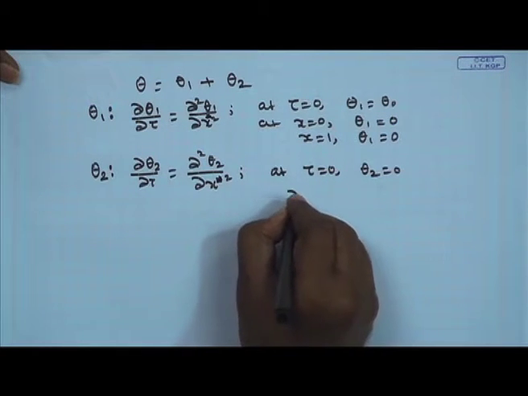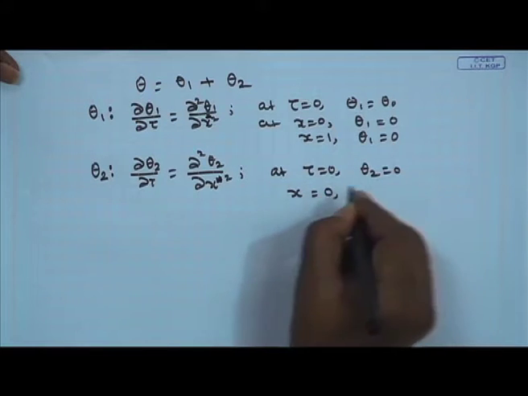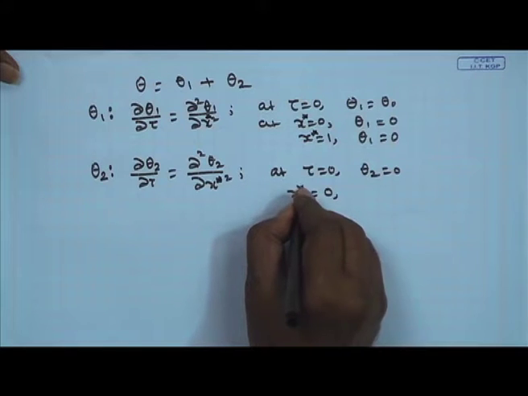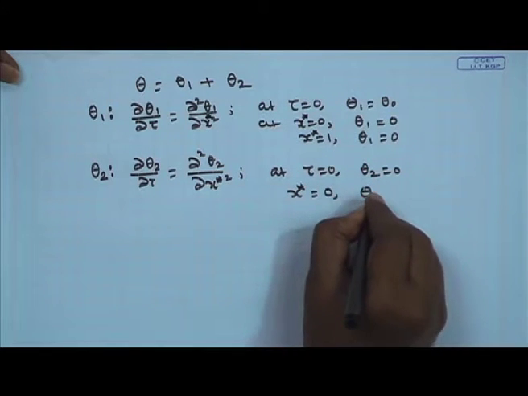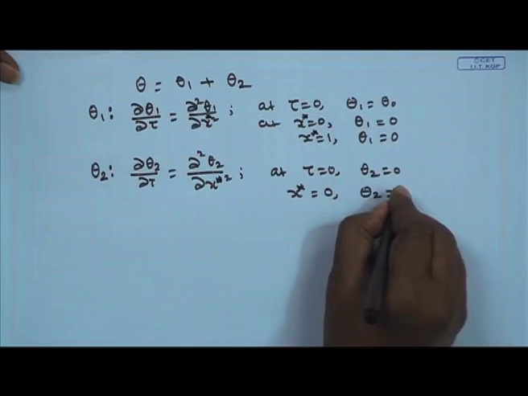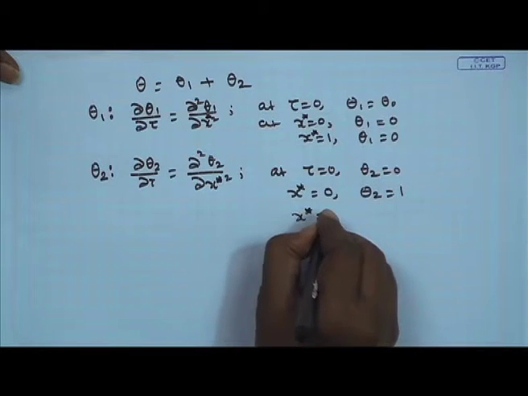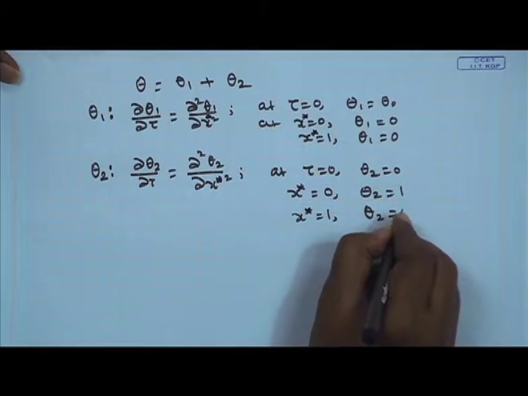I keep the non-homogeneity at x star is equal to 0, where theta 2 will be equal to 1. This non-homogeneity is intact, and at x star is equal to 1, it was already 0, so theta 2 was 0.